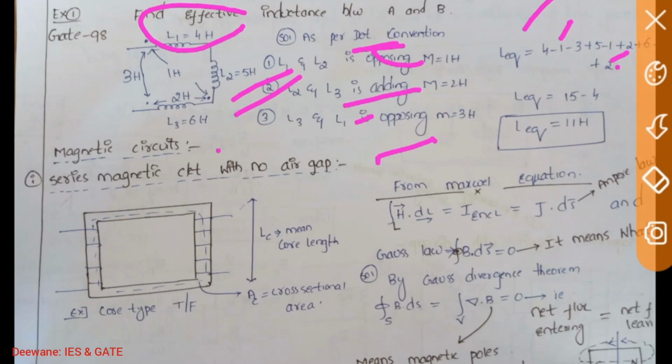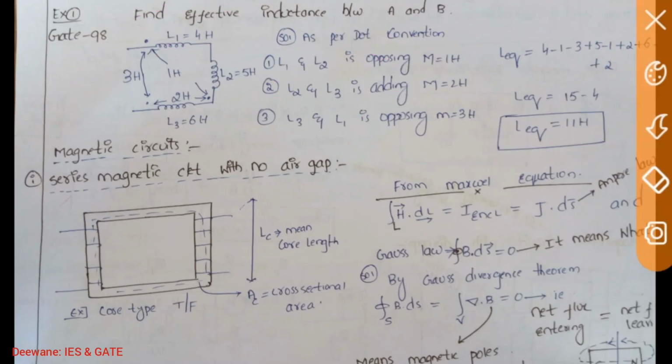So if you get the equivalent, you will get 11 Henry. Hope you understand clearly. Again, listen how you will solve. First you take L1, 4 Henry, plus mutual. Self is always positive, mutual can be positive or negative based on dot direction.